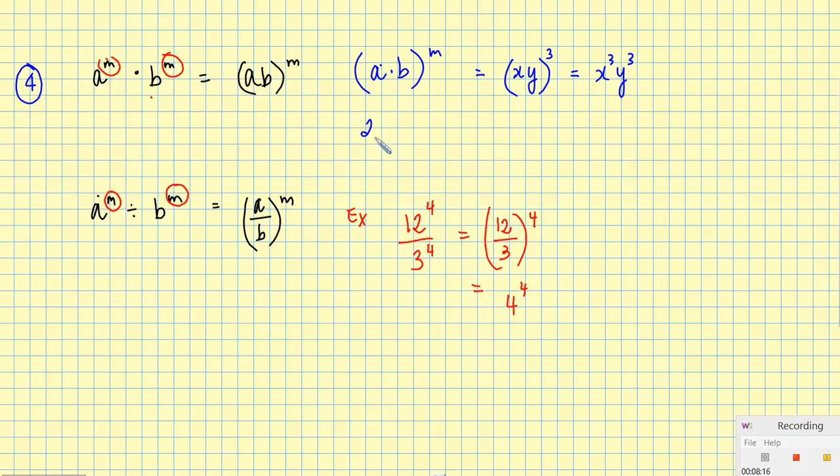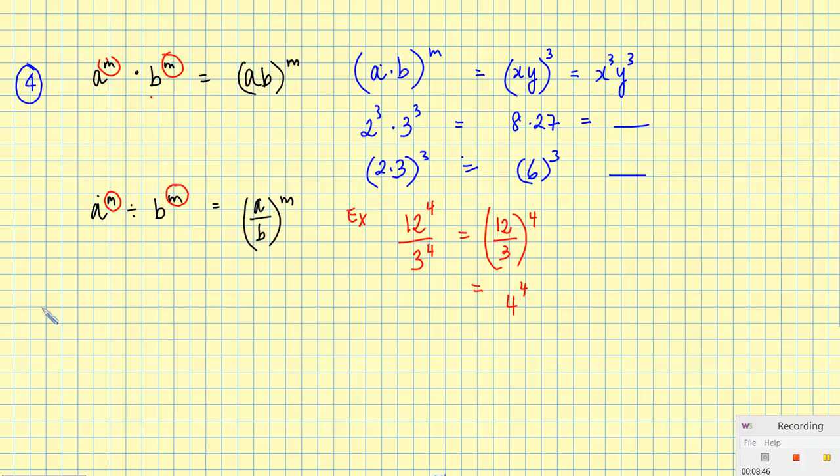Now, if I had 2 to the 3rd times 3 to the 3rd, well, rather than do 2 to the 3rd gives me 8, and 3 to the 3rd gives me 27, in which case I'll get some answer. Okay, what I can actually do is I can say, well, what if I do 2 times 3 raised to the power of 3, which gives me 6 to the 3rd. And whatever 6 to the 3rd is, I'm not going to bother with it right now, but it'll be the same thing as 8 to the power of 27.